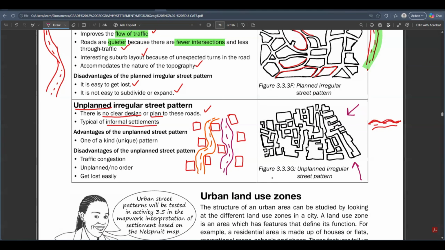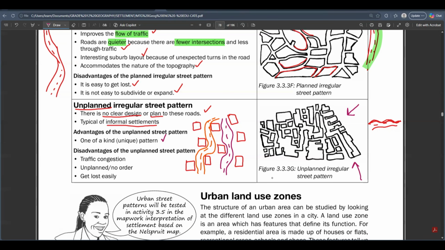So the advantage, it is one of a kind, it's unique, but it's not really an advantage in my own opinion. But in case it is asked, it's unique because it's different. It's unplanned, and no one planned it to be the way it is. Let's say I find a piece of land and I start building some houses irregularly on that empty piece of land, and I start connecting them with a street.